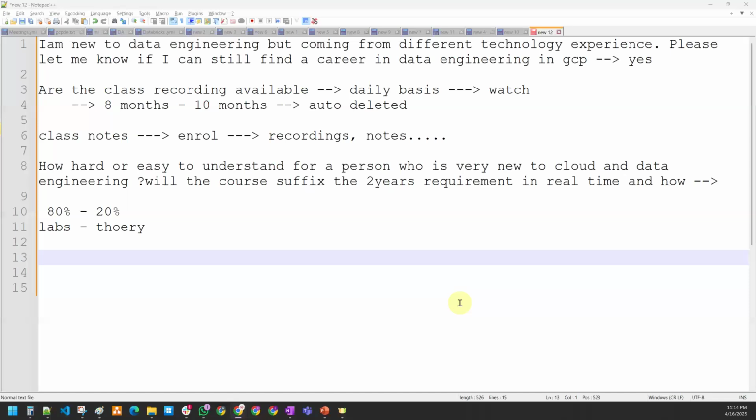Very simple example: my brother. Usually I take him as an example because he's my brother, my father's brother's son, so he's very close to me. He was working in networking for about 5 years, and his salary at that time was 30K per month.